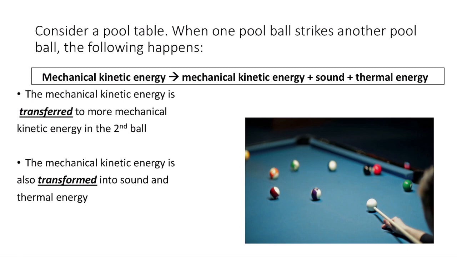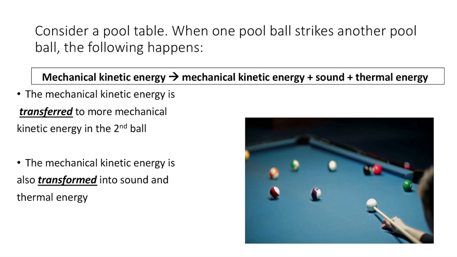There is also a little bit of heat generated from the friction, so thermal energy is also released. The mechanical kinetic energy is transferred to more mechanical kinetic energy of the second ball. The mechanical kinetic energy is transformed into sound and thermal energy.